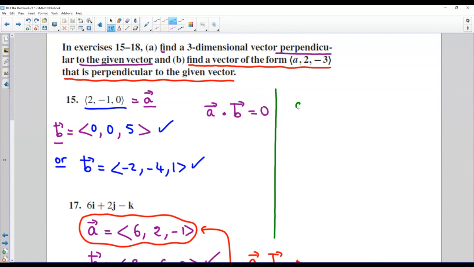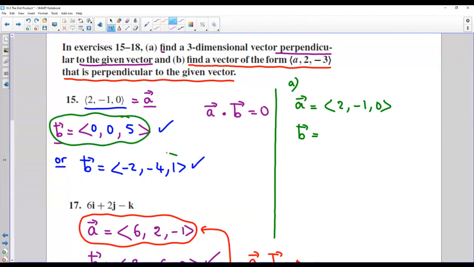This time, I have the same vector A, which is 2, -1, 0. I want a vector B. Now, not just any vector like we did before, but a vector of the form a, 2, and -3.